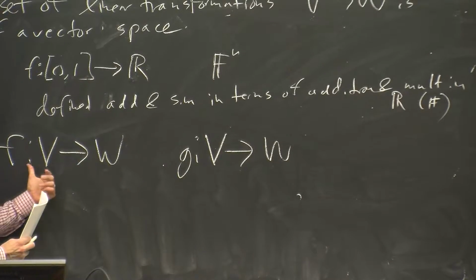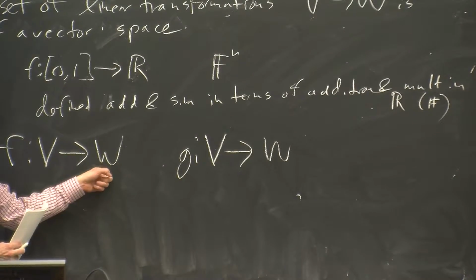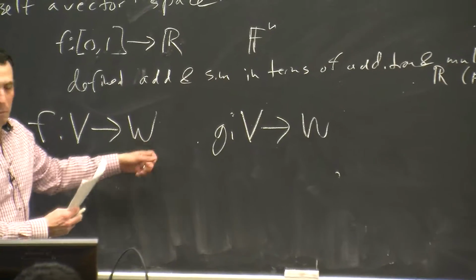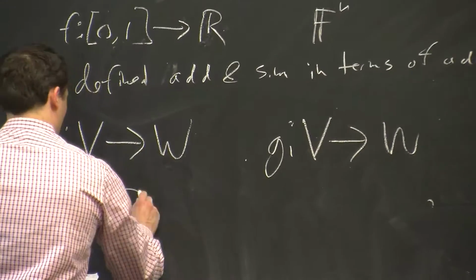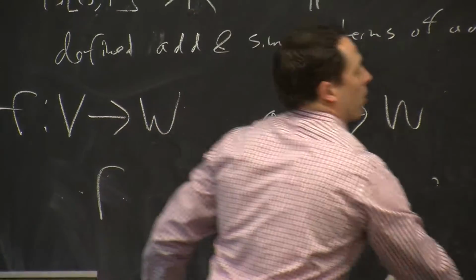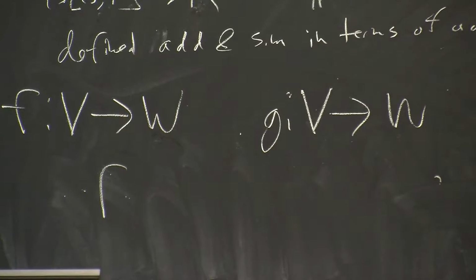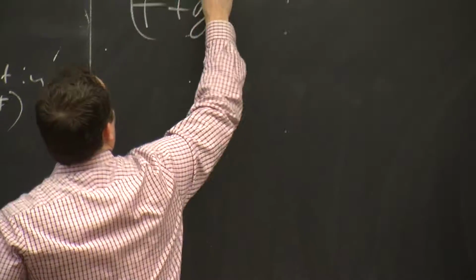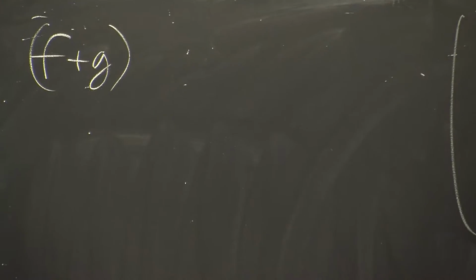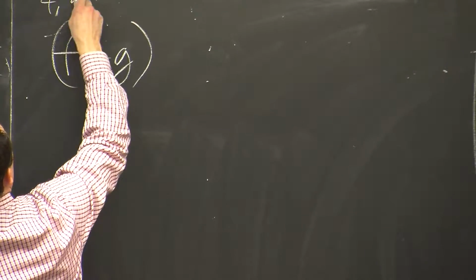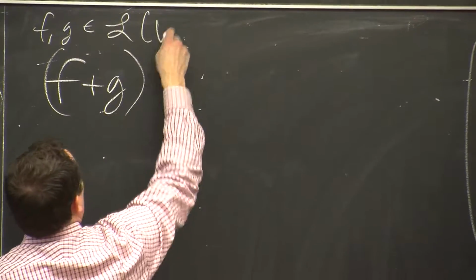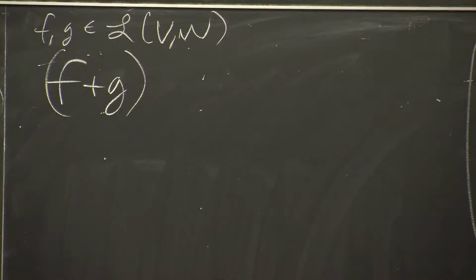And we're going to define addition of these two things, F plus G, in terms of addition and scalar multiplication in W. So we want to define F plus G. F and G are linear maps from V to W. That's the notation that's in your book.